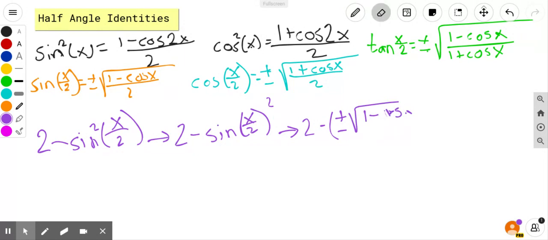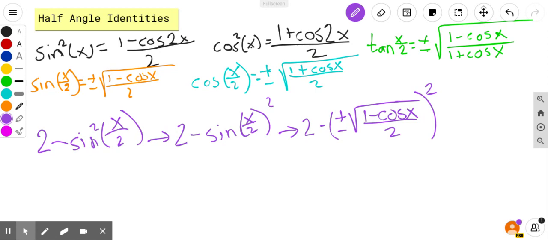Ooh, that did not work out nicely. Cosine of x? Nope. All of this is underneath the radical sign, and it's getting squared. So, luckily, when you square a square root, the operations kind of cancel themselves out.